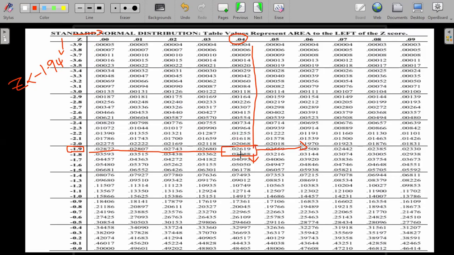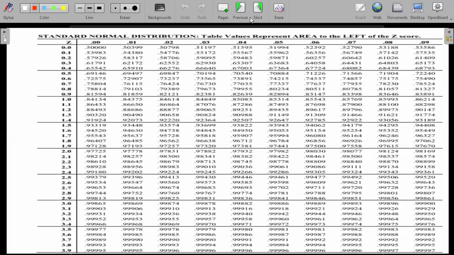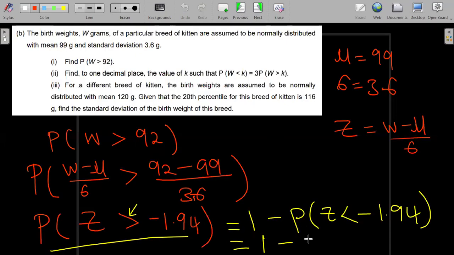So the probability is 0.02619. I can write it here: 0.02619.